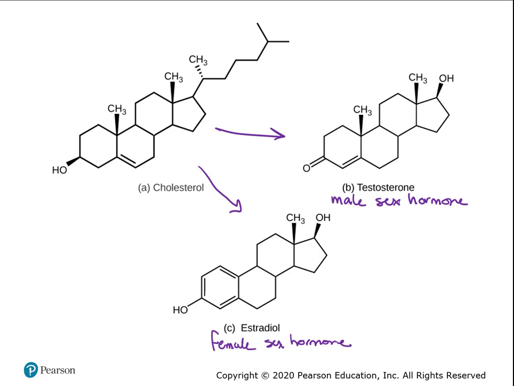It's kind of like a balance. Both males and females secrete both of them, but females secrete much higher estrogen content than testosterone, and males secrete much higher testosterone content than estrogen. But they're both there. It's just that one's much greater.